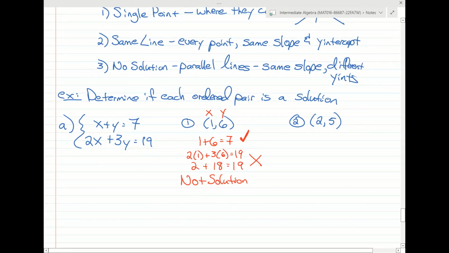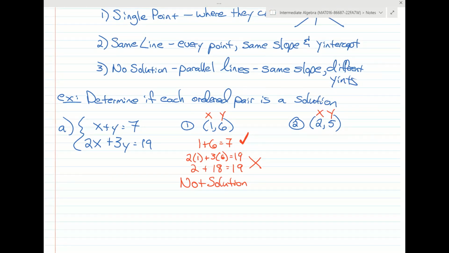Let's try (2,5), when x is 2 and y is 5. 2 plus 5 is 7, so that makes sense. And then the second one, 2 times 2 plus 3 times 5: 4 plus 15 is 19.